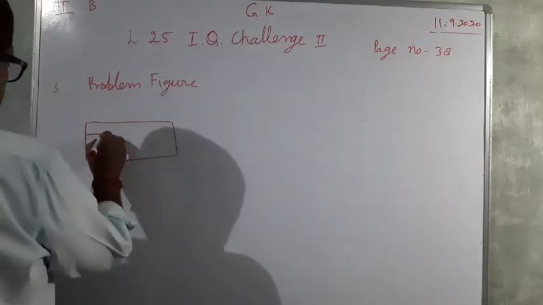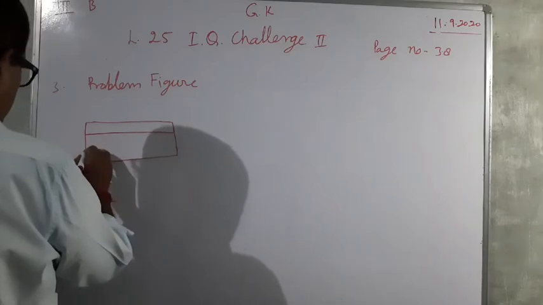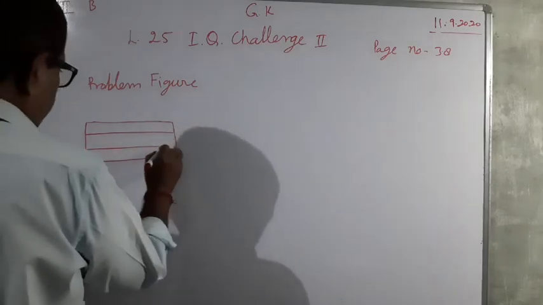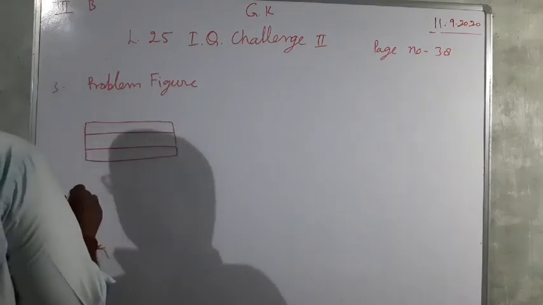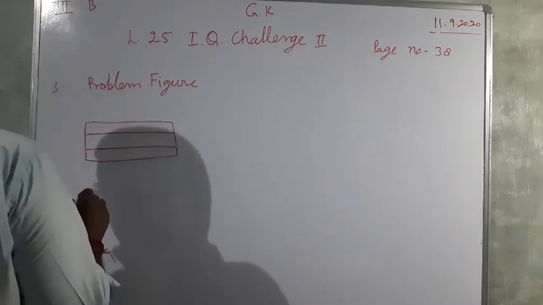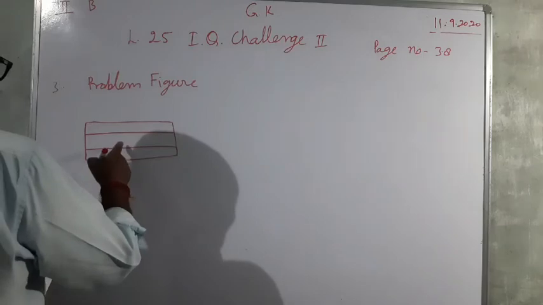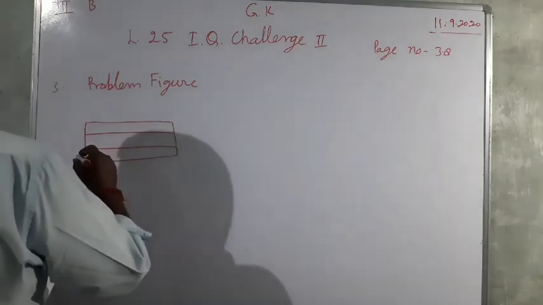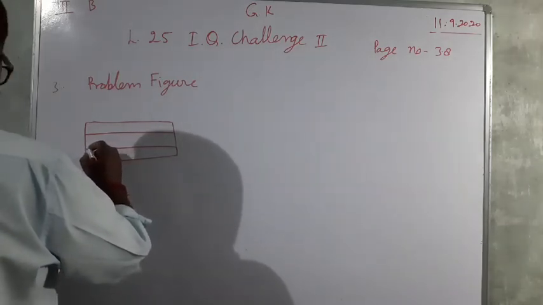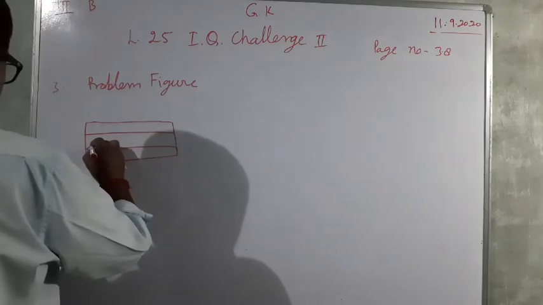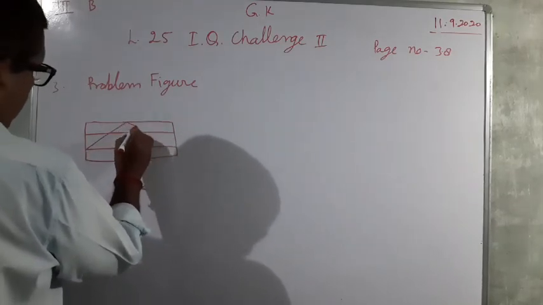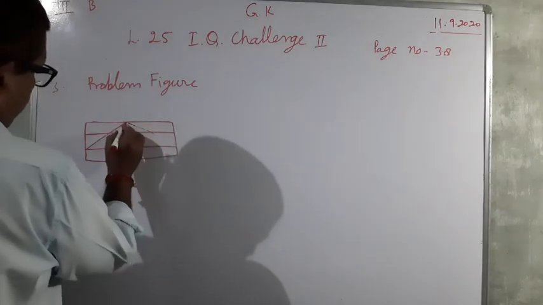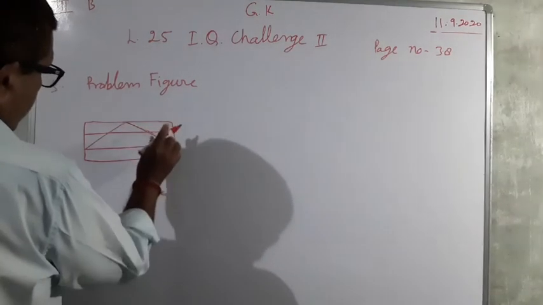Two lines are here. One line and the two lines are here. And here from this line, this intersects to form a triangle. It forms a triangle.